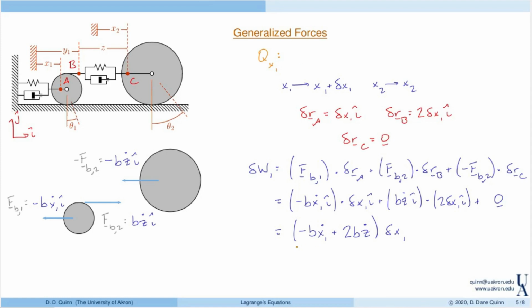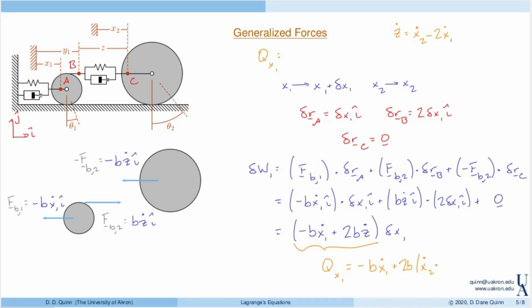So this is Q_x1, and it's just minus B x1 dot, well, plus 2B z dot, except z, remember from our constraint relationships, z dot is equal to x2 dot minus 2 x1 dot.